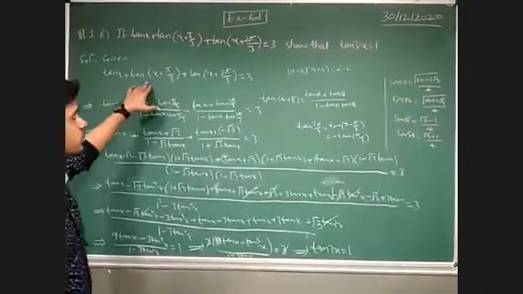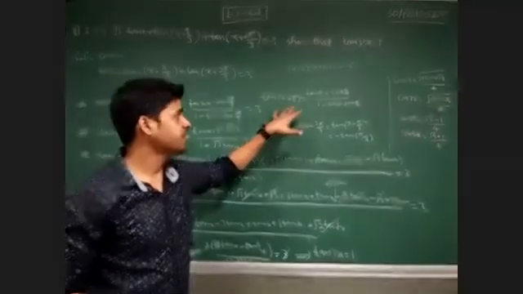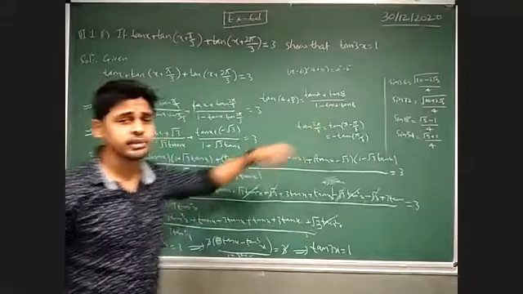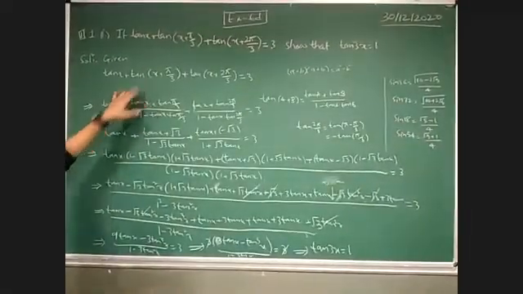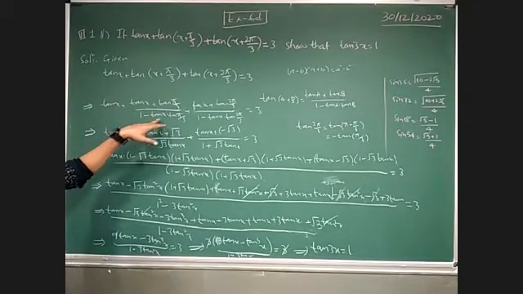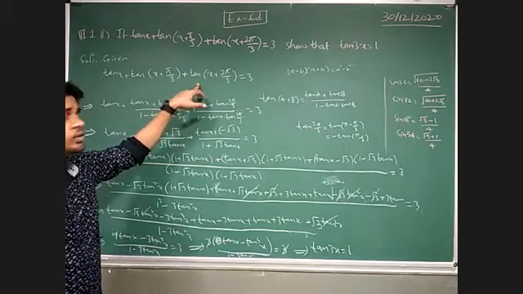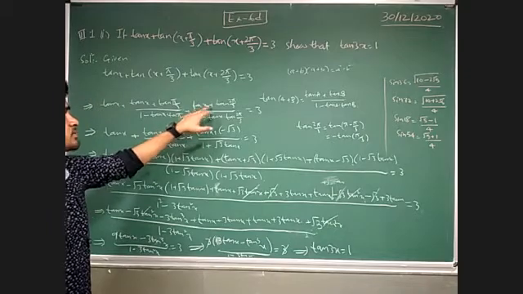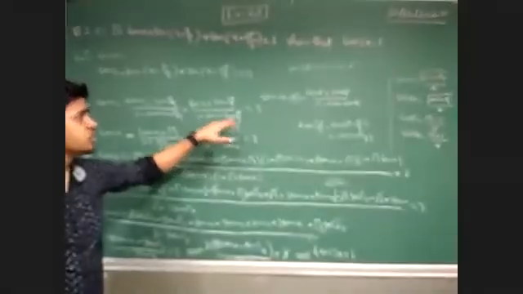Now I know one formula, tan(a + b), which is nothing but (tan a + tan b) over (1 minus tan a into tan b). So here I apply this tan(a + b) formula. Here I will get (tan x + tan pi/3) over (1 minus tan x into tan pi/3). And again I'm going to use the tan(a + b) formula: (tan x + tan 2pi/3) over (1 minus tan x into tan 2pi/3).